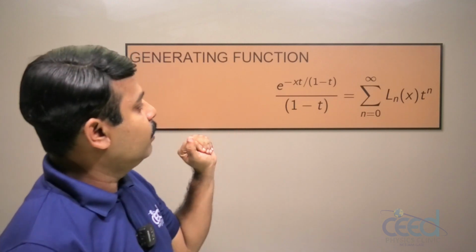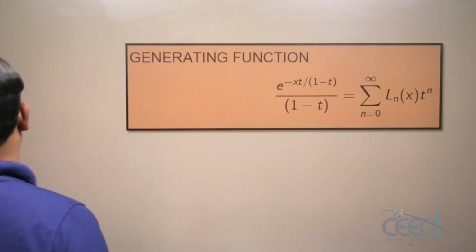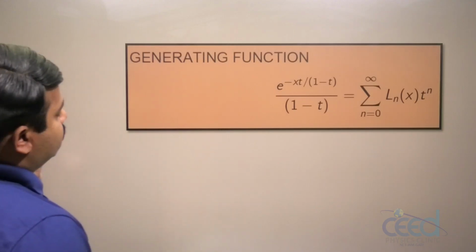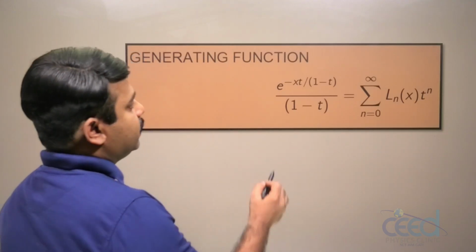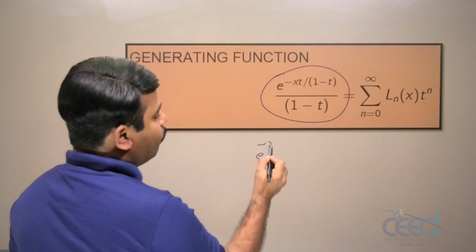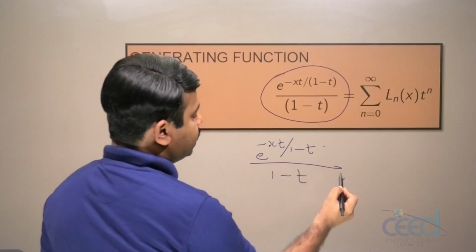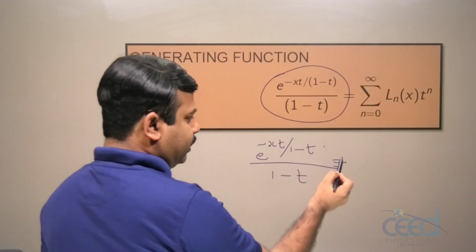What is the generating function? Suppose this is the generating function, e raised to minus xt by 1 minus t, divided by 1 minus t. You expand this.